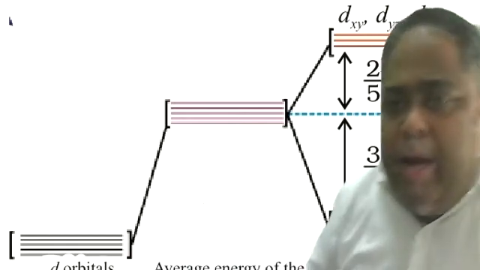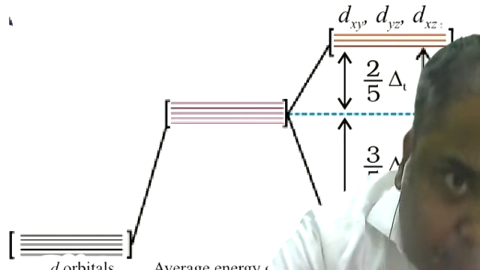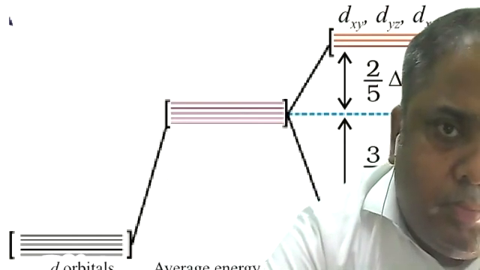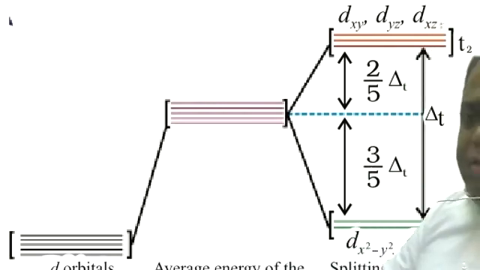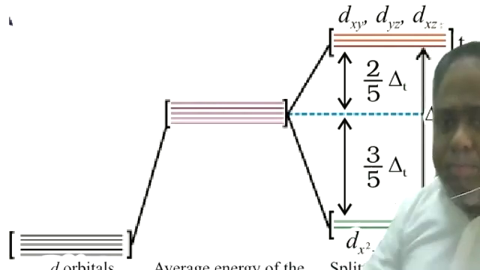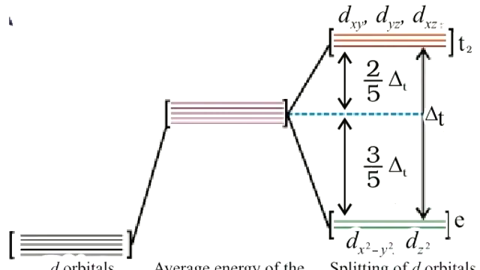In octahedral splitting, that is delta O, t2g was down below the barycenter, but in tetrahedral splitting we don't say eg, we say e. There are some symmetry theory concepts which you don't have to study now.